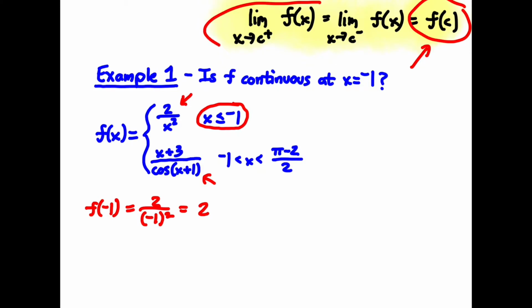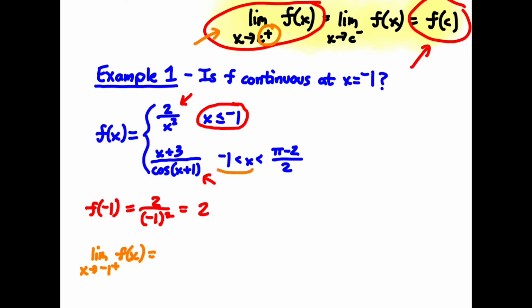Next, we're going to do the limit from the right. So I'm going to write that down here. The limit as x approaches -1 from the right of f of x. For this limit, you have to have the little plus here because we're looking at the limit from the right. So we need to figure out which piece, either the top one or the bottom one, involves -1 from the right side. And that means it would be greater than -1.